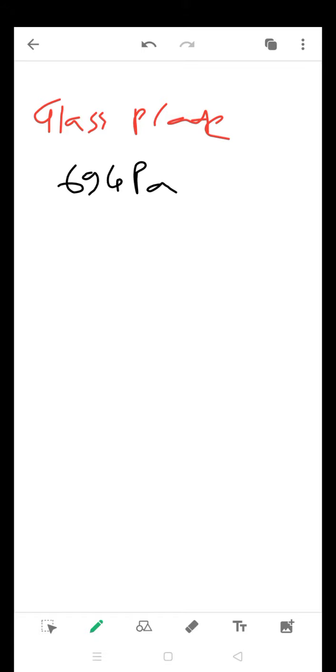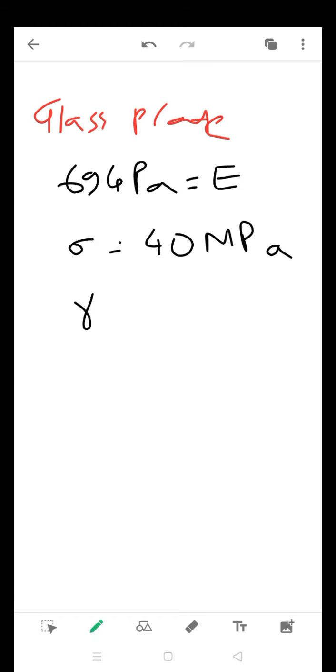Oh, sorry, this is supposed to be the elastic modulus, and the stress applied is 40 MPa. And the strain energy or the specific energy in the glass is gamma s, and gamma s is 0.3 joules per meter square.